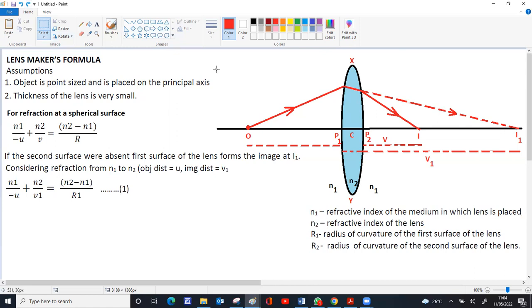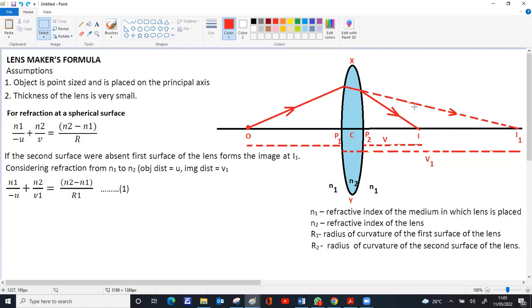Now the image formed by the first surface P1 will act as the virtual object for the second surface P2.